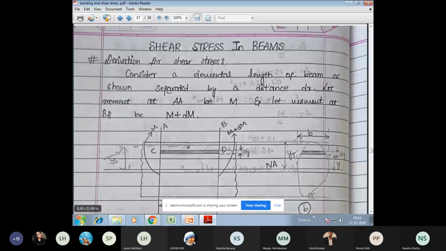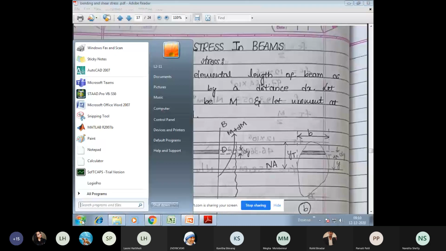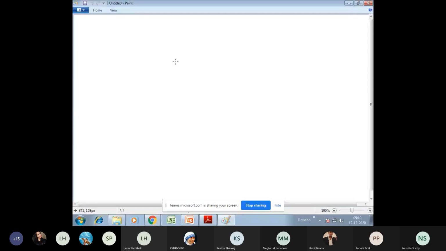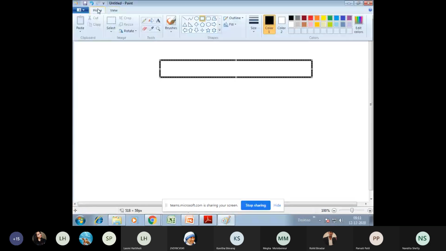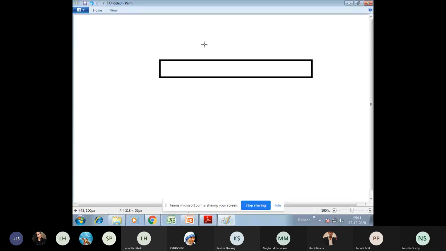Let me take an example here and tell you how it is. If I take this beam and take a section here, XX, and cut it and observe it, let me draw the two sections.